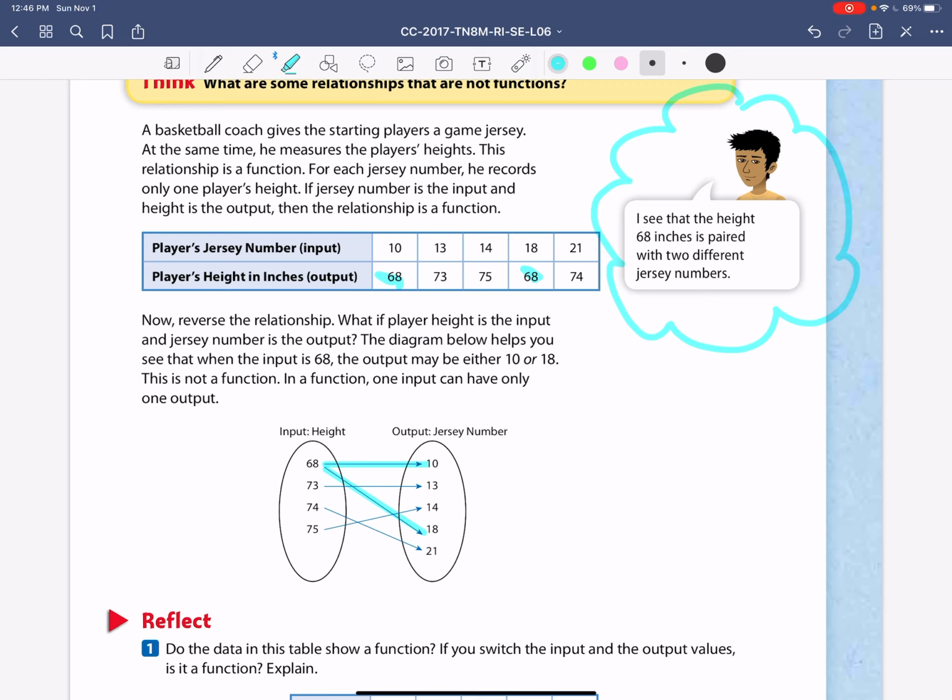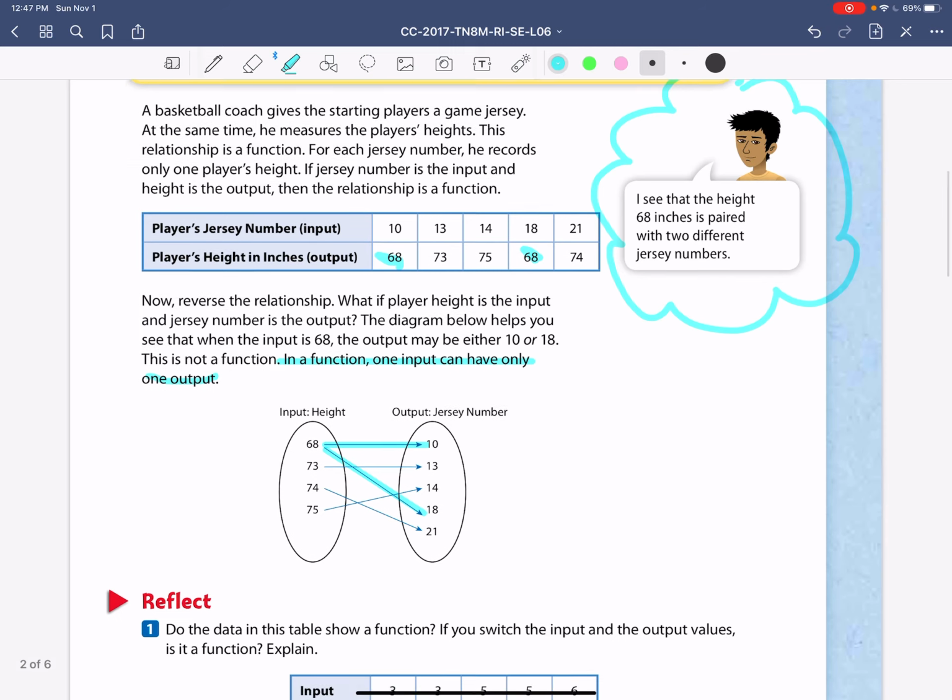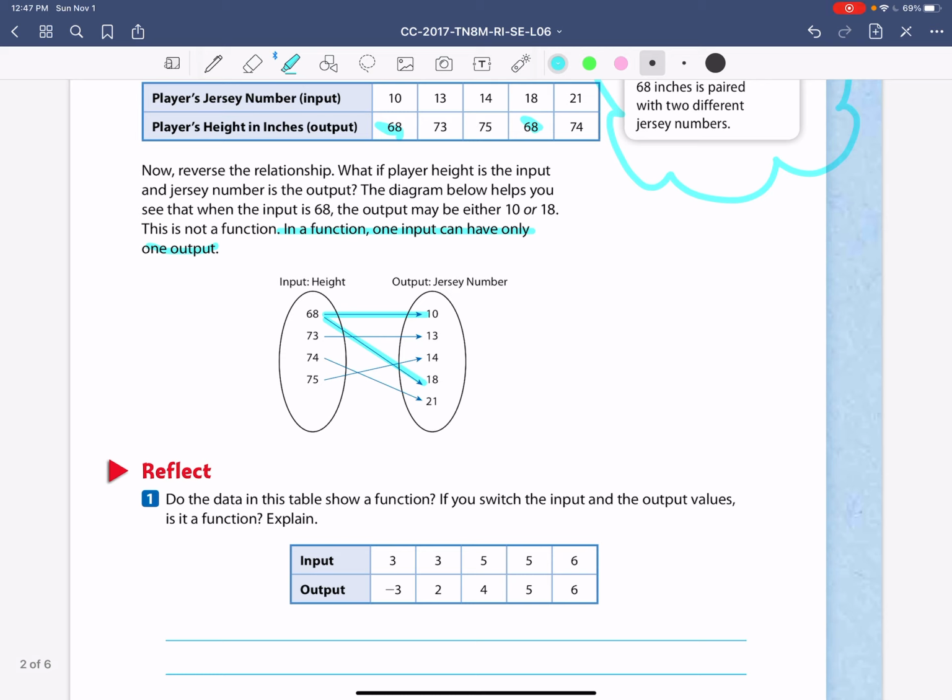Please highlight this as well. In a function, one input can only have one output. And this part that we highlighted in our diagram, when the height was the input, made it not a function. So in the reflect for today, it says, do the data in this table show a function? That's the first question, and I'll label that as question A. Then our second question is, if you switch the input and output values, is it a function?